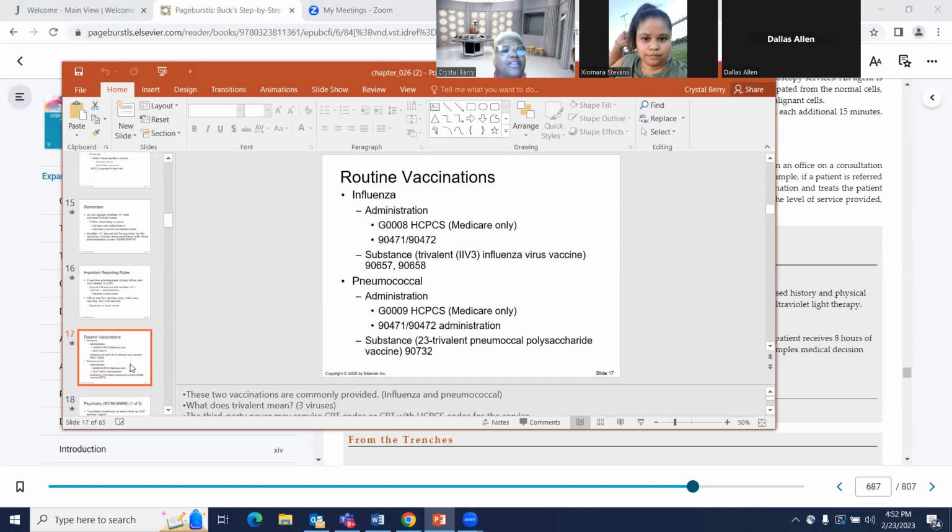So if this is stating 90471 routine vaccinations, 90472, why would you give me a code that's 70280? You're not paying attention and you're not reading. The code ranges are there for you.